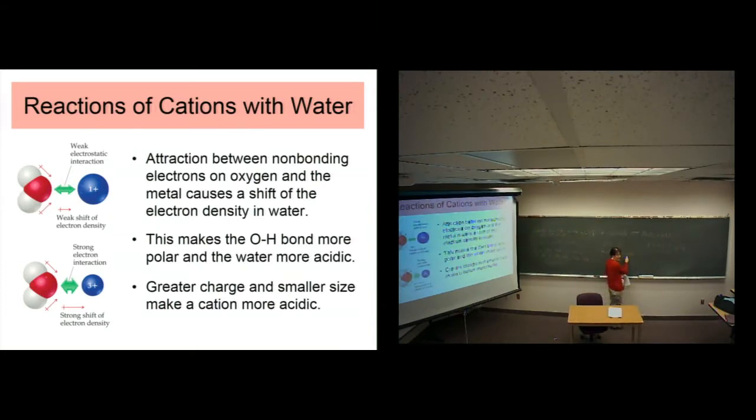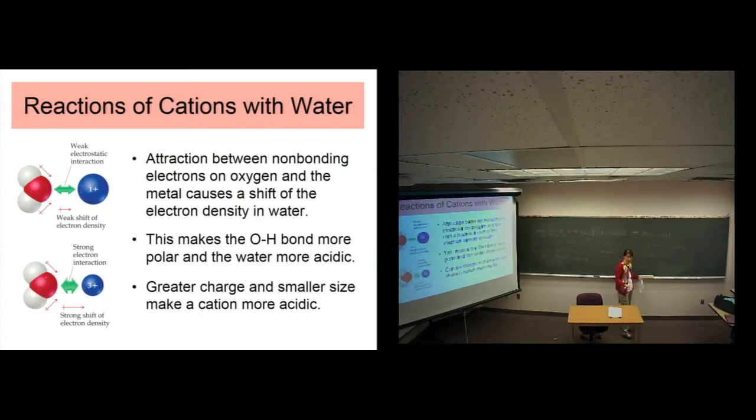What's the definition of a base? They gain a proton, right? If this is a fairly strong base, it's going to accept a proton from water. Didn't we write those before? So what reaction are we going to get?